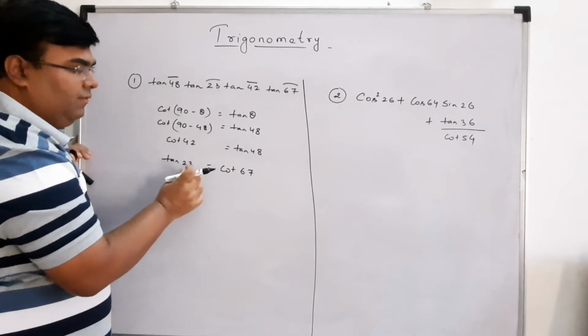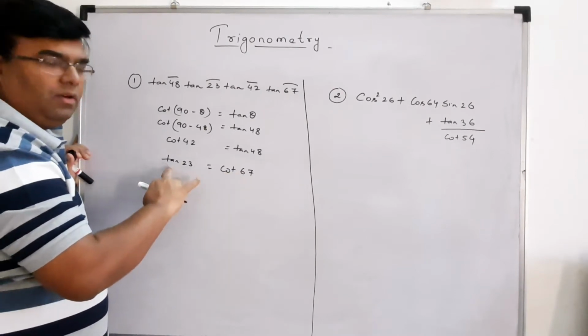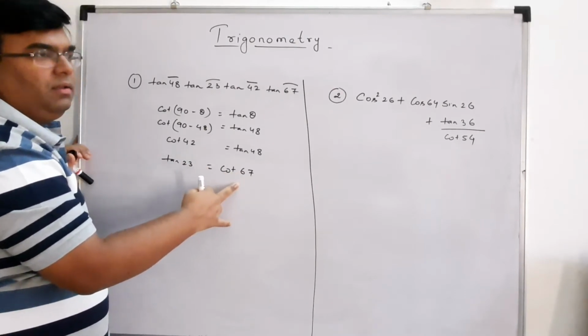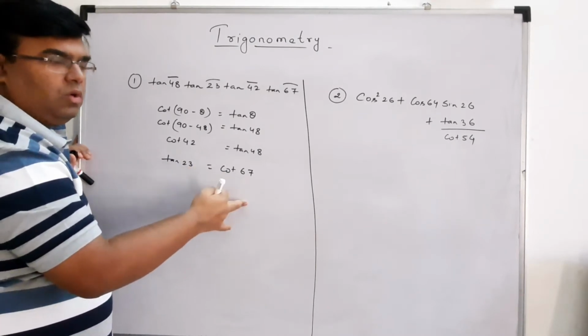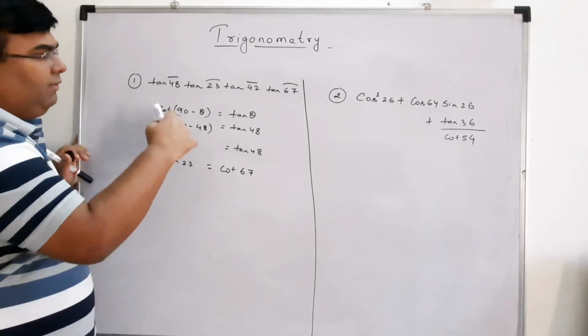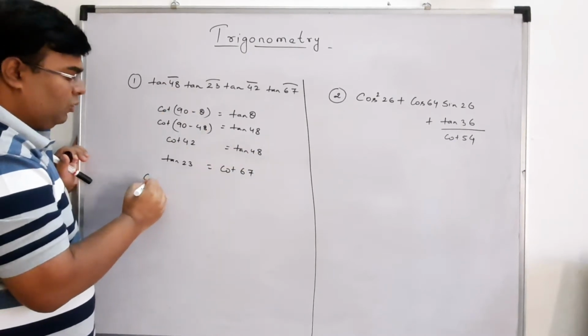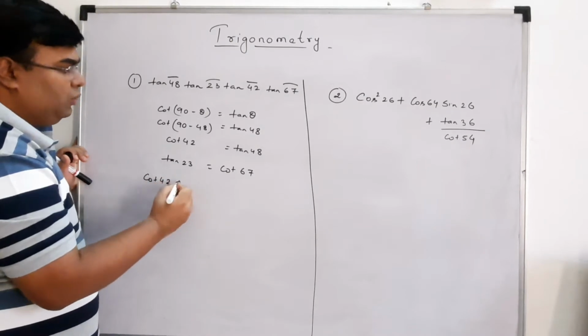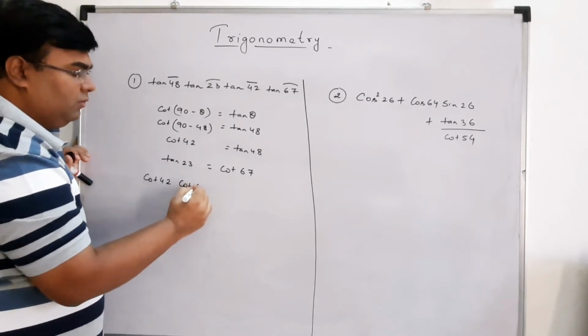Just see, if two angles are complementary, you can directly convert one ratio to another: tan to cot, sin to cos and sec to cosec. So now we will replace these values. Tan 48 will become cot 42 and tan 23 I have done cot 67.